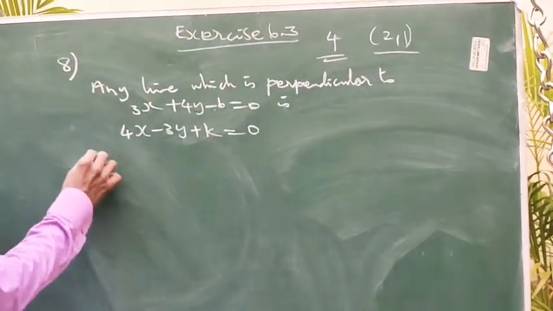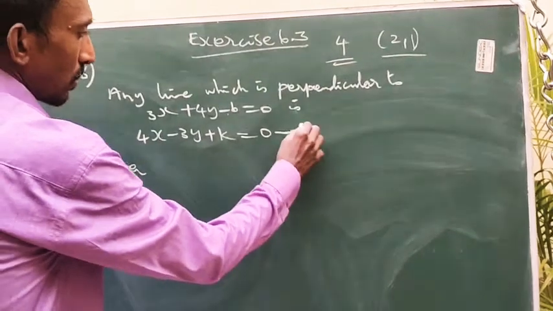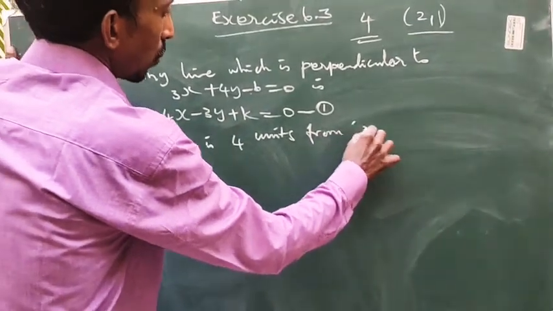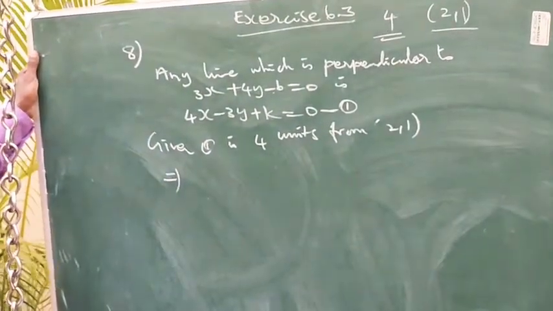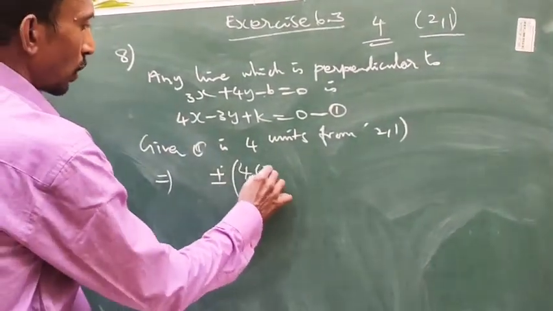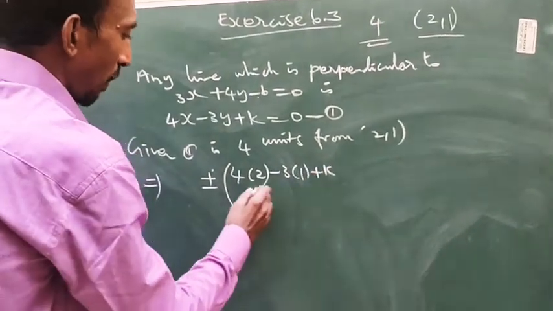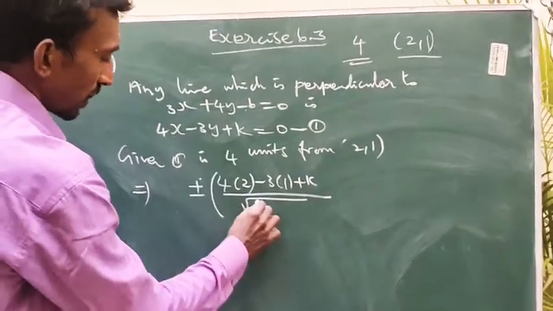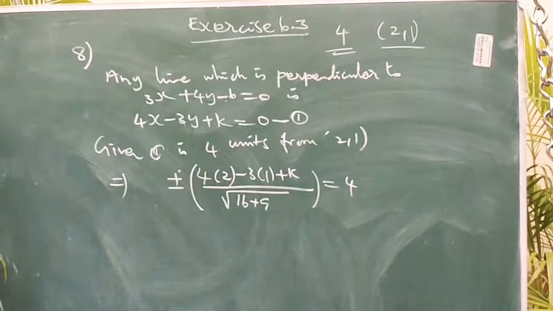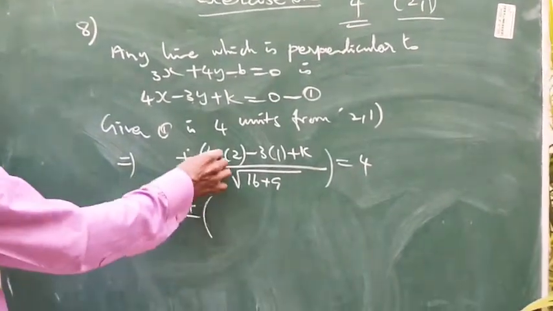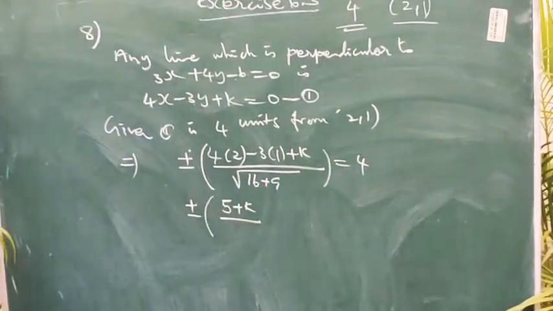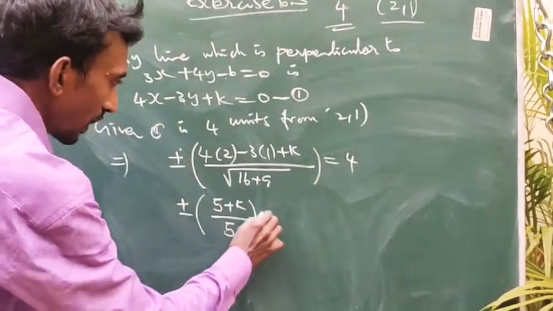So we get plus or minus, 4 into 2 minus 3 into 1 plus k, divided by the root of 4 squared plus 3 squared, that is 16 plus 9, equal to 4. Now 8 minus 3 is 5, so 5 plus k by the root of 25, which is 5, equal to 4.